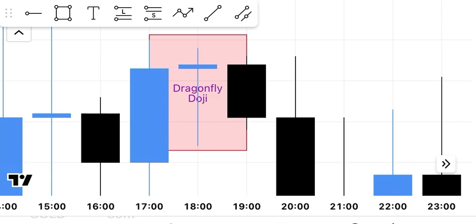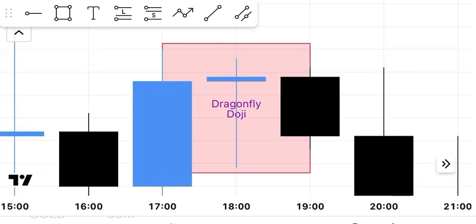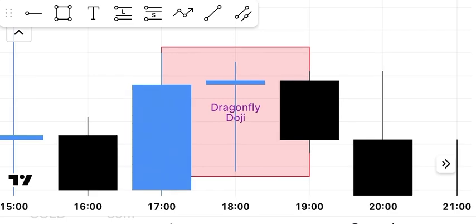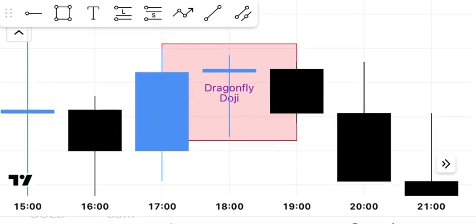Looks like a T. This dragonfly is a candlestick that looks like a T sign, with a longer wick below, and sometimes just a small wick or no wick at all at the top. So the dragonfly is one of the powerful reversal candlesticks on a chart. When you see this occurring, it is telling you that the market will be reversing.